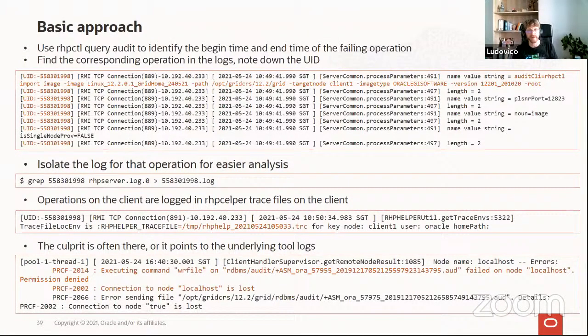Depending on what failed, if it's an operation on the target, find the trace file used by the helper, go on the client, find this file, and try to find the root cause. That might be in another log file, for example, an AutoUpgrade file. But this is the approach for troubleshooting.